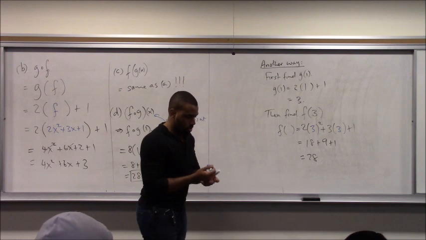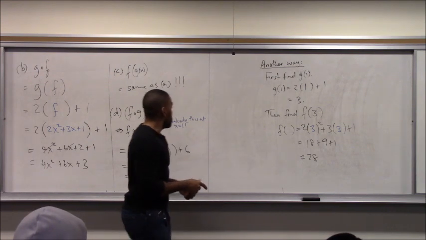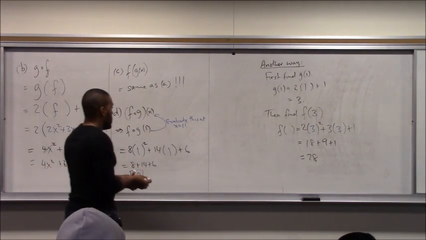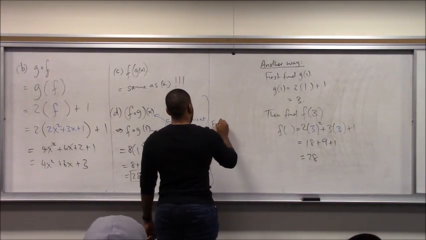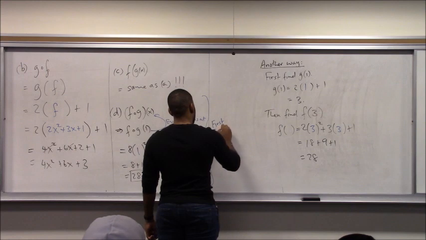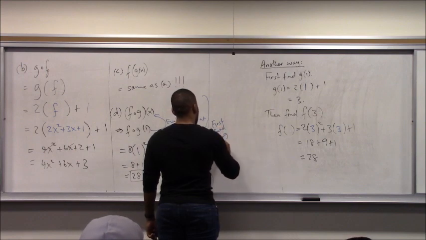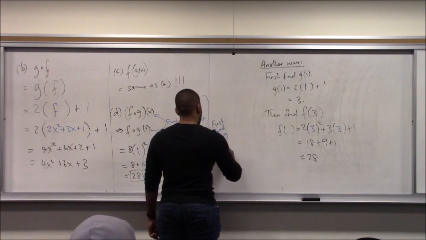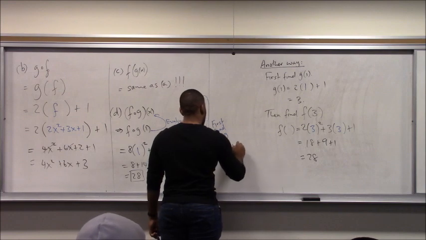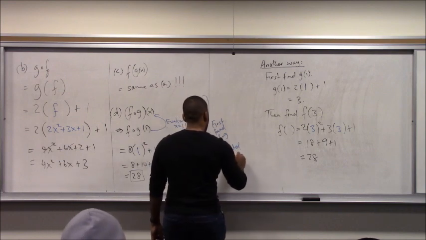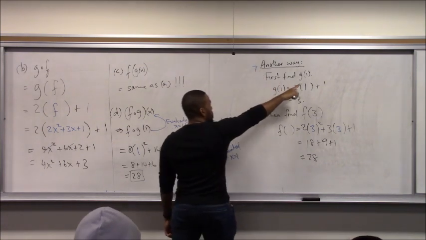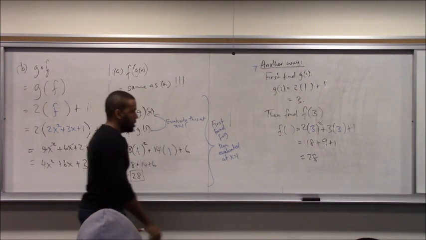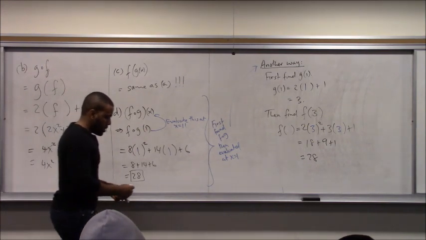So depending on what you've done before at this point, here what we did was we first found f of g, then evaluated at x equals 1. Another way would be to first find g of 1 and then plug that into f. You will get the same answer in either case.